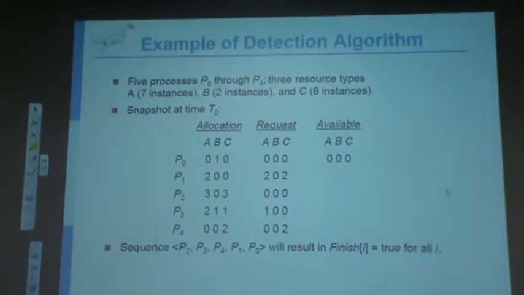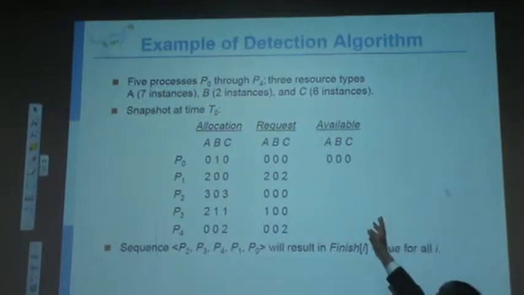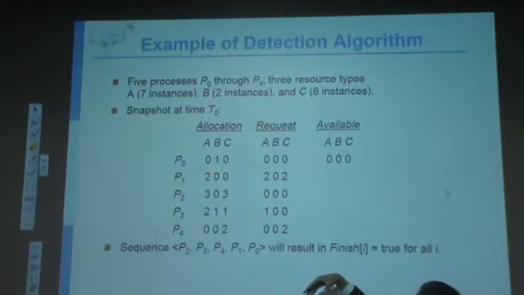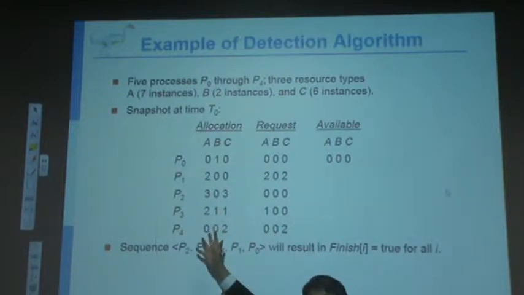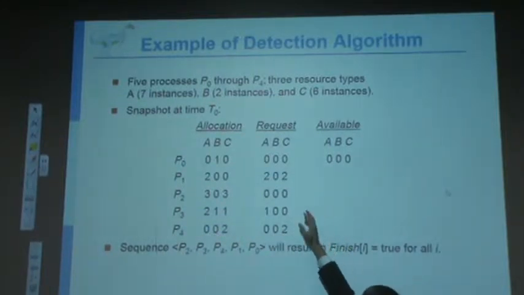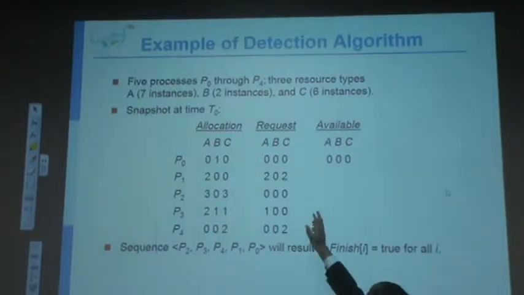So in this case we have three resources, A7, B2, C6. These are the current status. There's no available one. Can we find any process list from here? Yes, because P2 and P0 can be terminated, right? Because they don't need any more resources, they can be completed eventually.